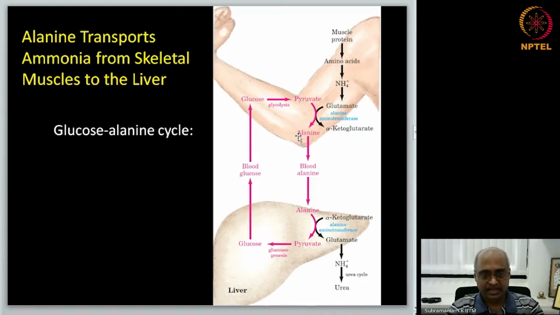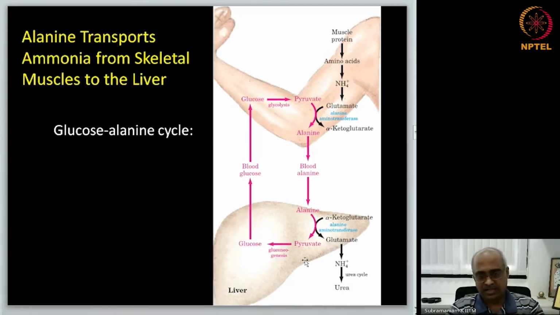And this alanine comes via the bloodstream to the liver. From all other tissues, the amino group comes in the form of glutamine; from muscles, it comes to the liver in the form of alanine. That's the primary focus in this slide, to distinguish between the two modes of transport of the amino group.